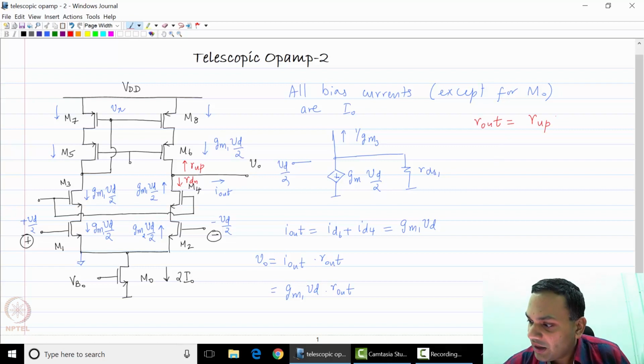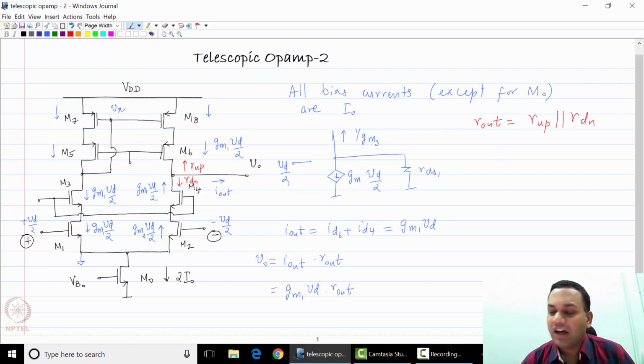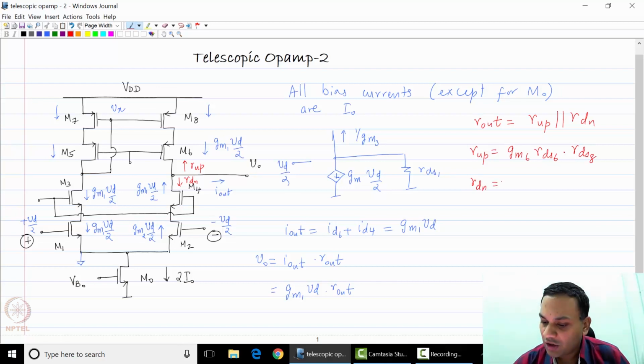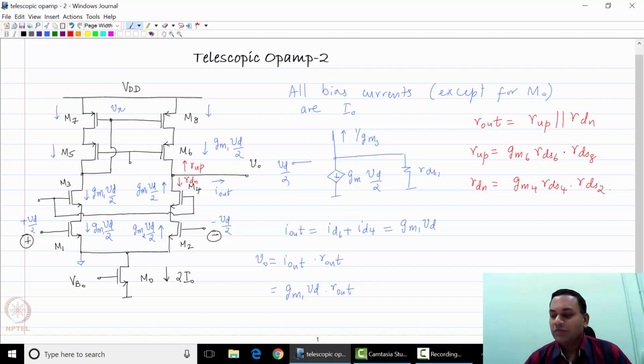R out is R up parallel R down, and R up is equal to GM6 RDS6 times RDS8, and R down is GM4 RDS4 times RDS2.